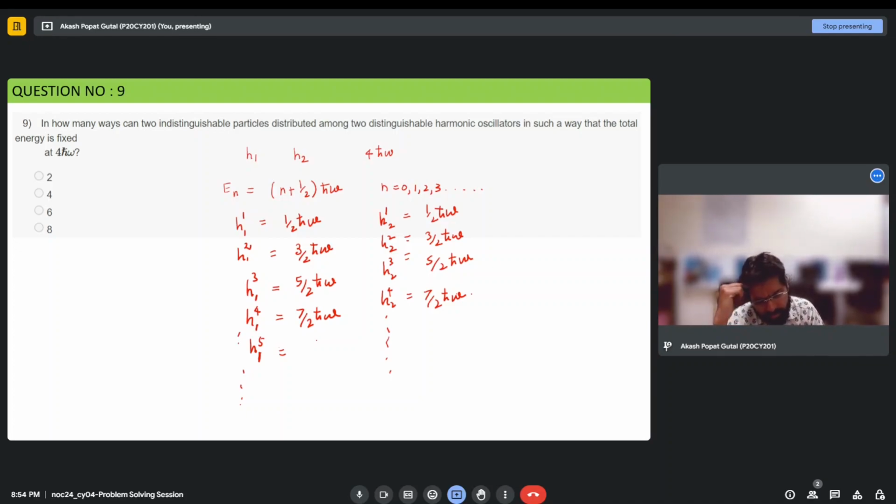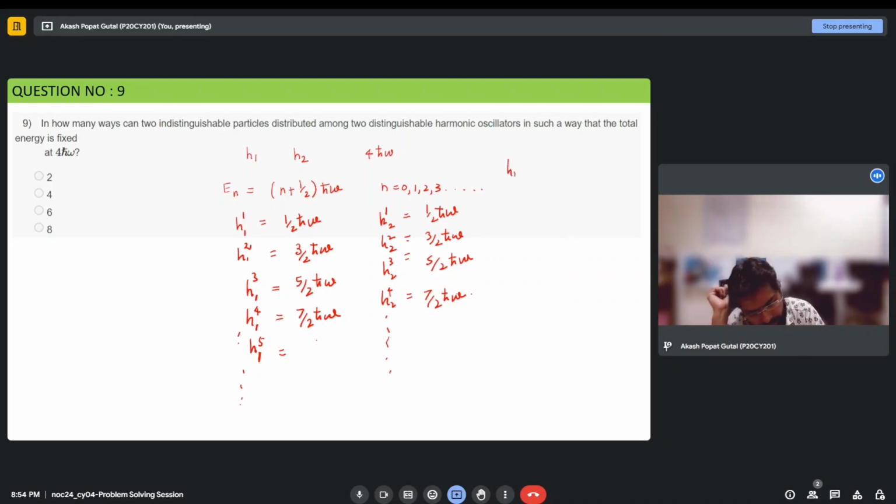So we will check. 3/2 plus 1/2 gives 4/2, which is 2ħω, not the fixed energy. But if you see 3 plus 5, 5 plus 3, that is 8/2, which is 4ħω.